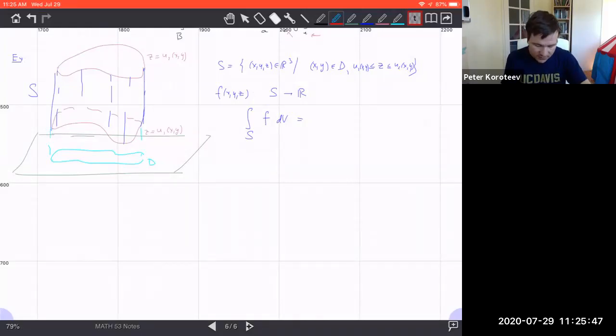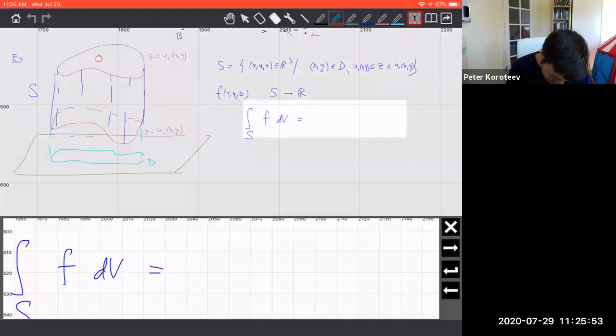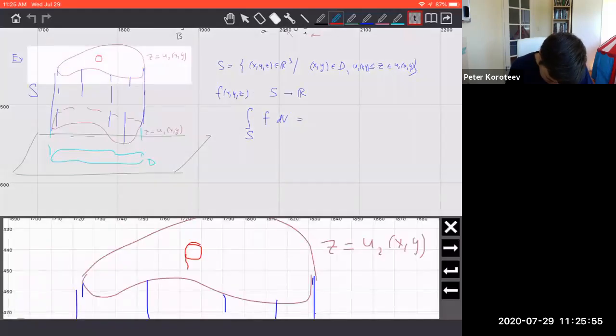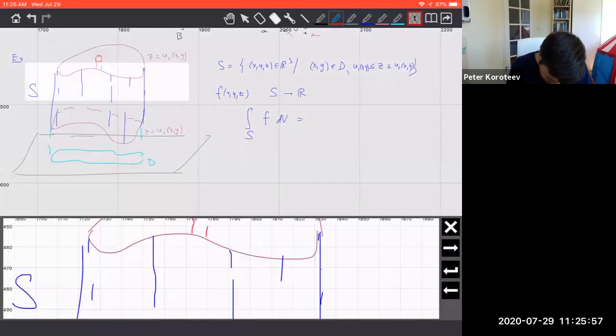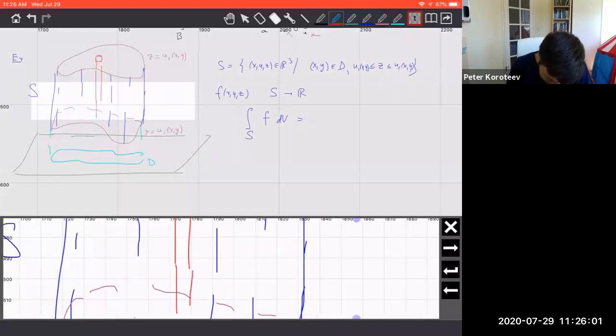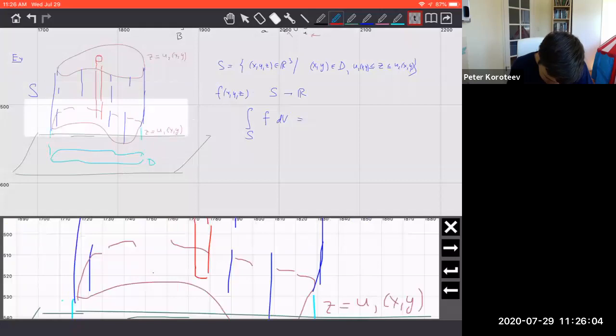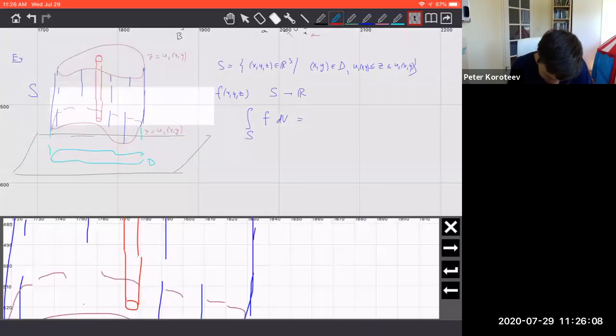Here the direction of slicing is also important to choose. We would pick the vertical direction. We would integrate over these long cylinders or parallelepipeds, depending on what we're doing.